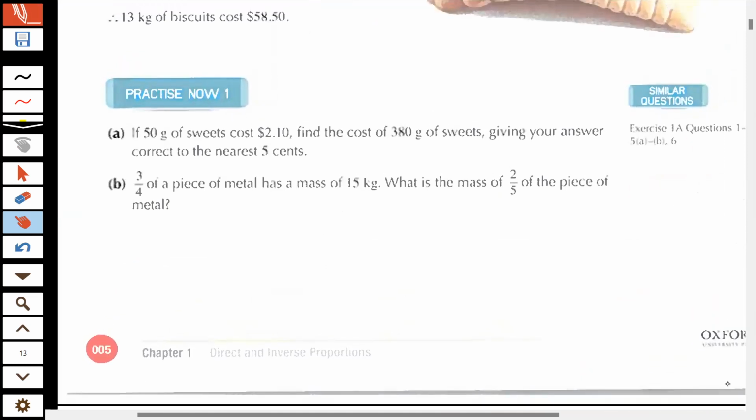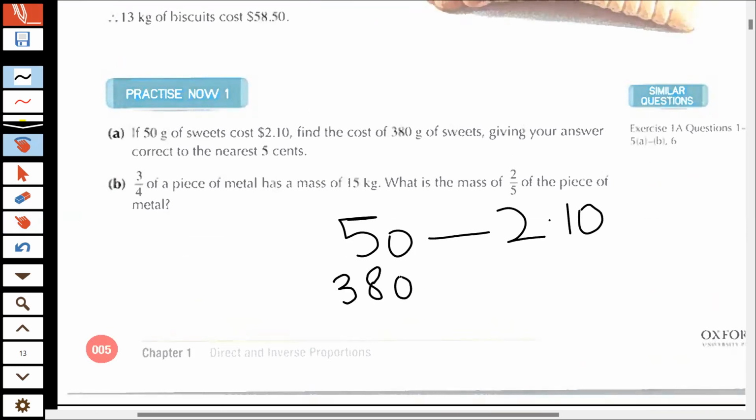If 50 gram of sweetcorn cost $2.10, find the cost of 380 gram of sweetcorn, giving your answer correct to the nearest 5 cents. So it says over here 50 gram of sweetcorn cost $2.10, then 380 gram of sweetcorn are going to cost x dollars.